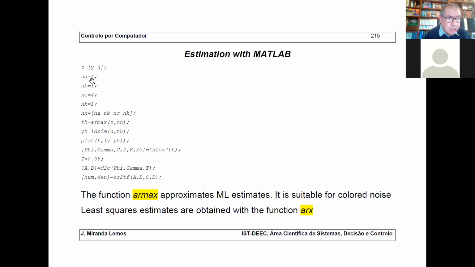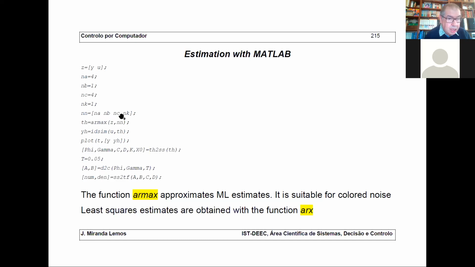Then you collect all these numbers in this vector, and you say that TH is the result of the identification. Actually, in MATLAB, it's what we call a structure, a kind of putting together several numbers.